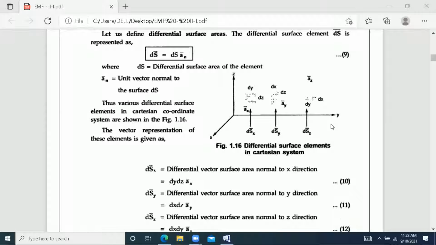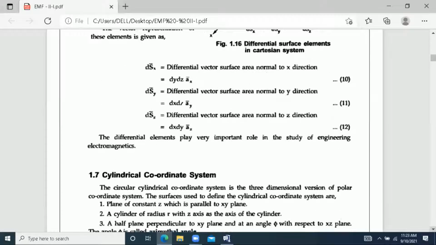So you would have 6 differential surfaces, or 6 surfaces, to define the cube in the Cartesian coordinates. Okay.